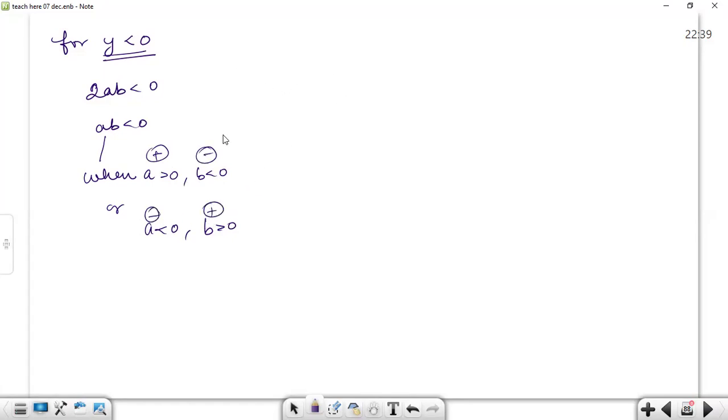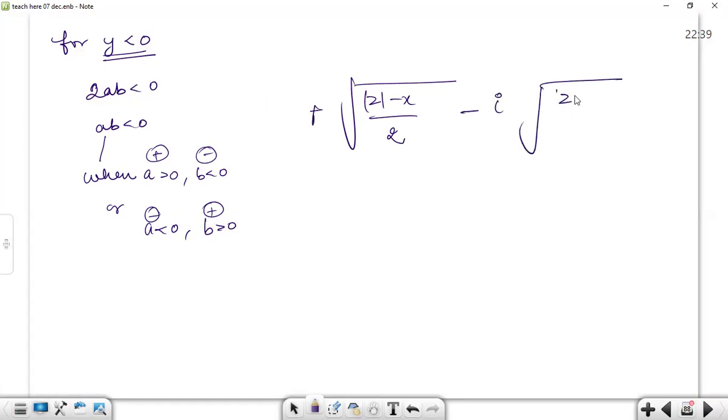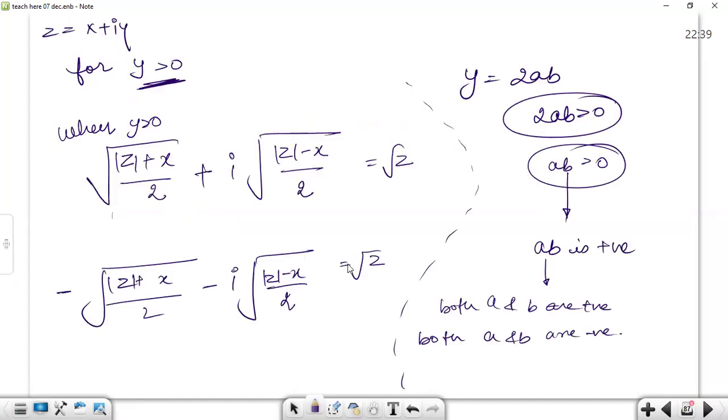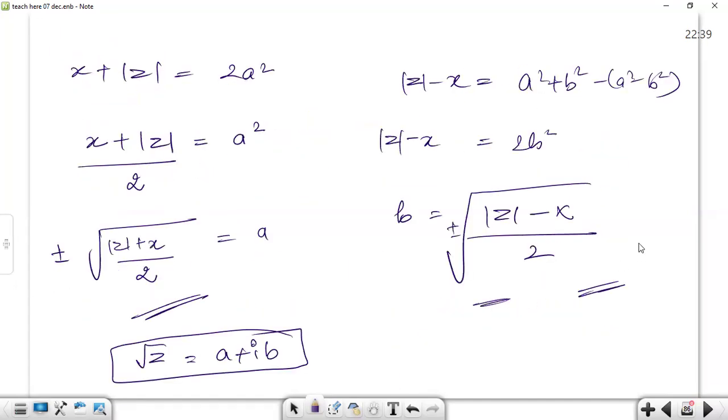So how can we write the solution now? The a was simply the square root of modulus of z plus x divided by 2. If we are taking its positive value, we have to take the negative value of b. There was a minus here for the b.